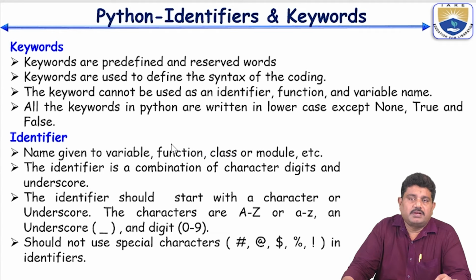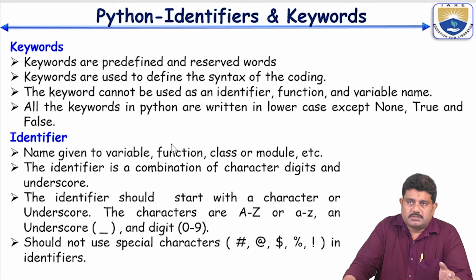Now let us see what an identifier is. An identifier is nothing but a name given to a variable. In any programming language, while writing a program, you need to declare variables. While declaring variables, to identify them uniquely, we have to give names to the variables. Such names are called identifiers, through which we can identify that variable. Similarly, we all have names in society. Why do we all have names?